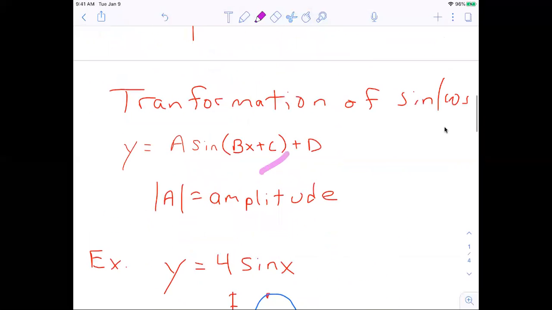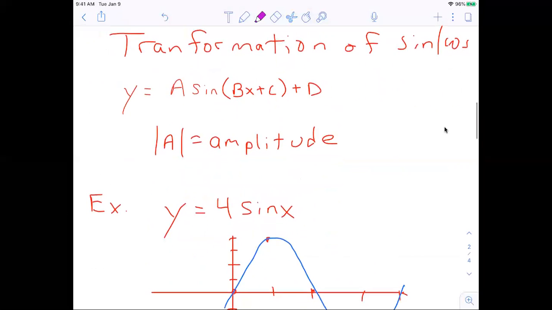We didn't talk about C, and we're not going to for a while. But D, that just takes the graph. It doesn't stretch it either way, but it just moves it up or down. So if there's a number added on the end, it moves it up or down.